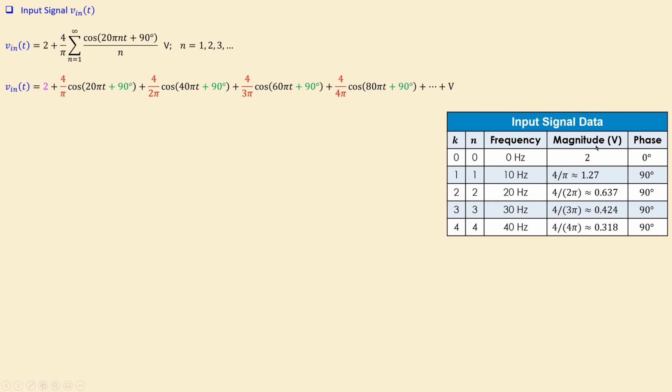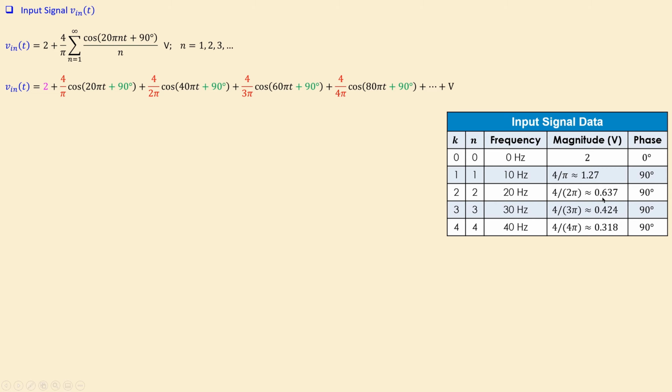We know now the magnitude and the phase using this expression. Now I've just given the first 4 harmonics. You can now see that 4 over pi is the amplitude of our first harmonic. 4 over 2 pi, of course this is also 2 over pi, but I just give it in this form such that you can see that this denominator is changing only.